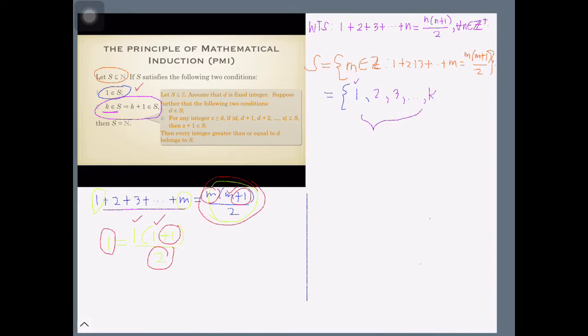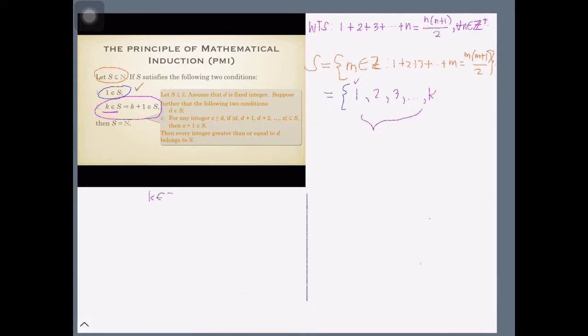To picture that out, let's have that one at this part. So knowing that k works, it means that k would satisfy the predicate here. So 1 plus 2 plus 3 until k of them can be written as k times k plus 1 all over 2.